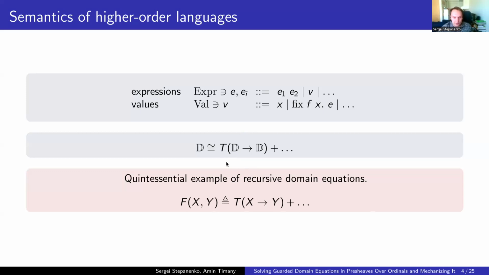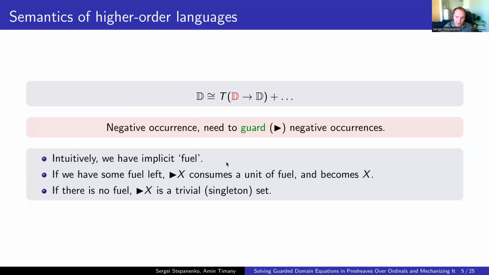So one of the approaches to deal with such recursive domain equations is to use guarded type theory. So in this case, instead of D, we are going to use the later modality, and the theory behind it is going to help us to make well-formed definitions.